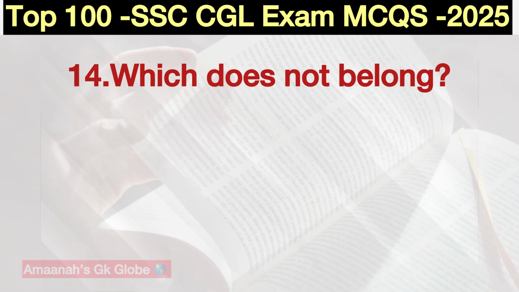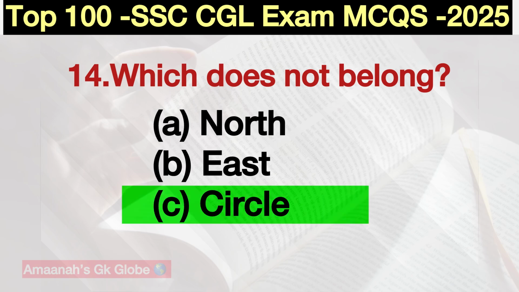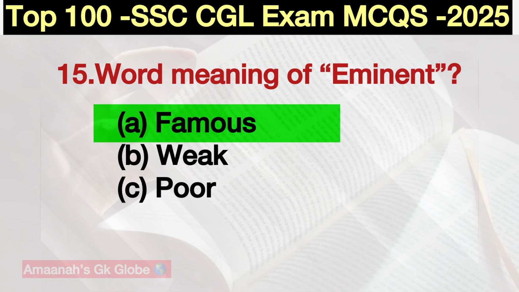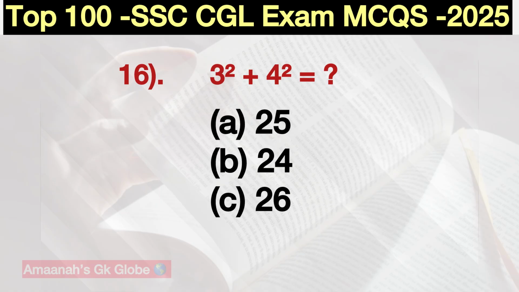Next question is which does not belong? Right answer is option C, circle. Word meaning of eminent is. Option A, famous. 3 square plus 4 square is equal to.